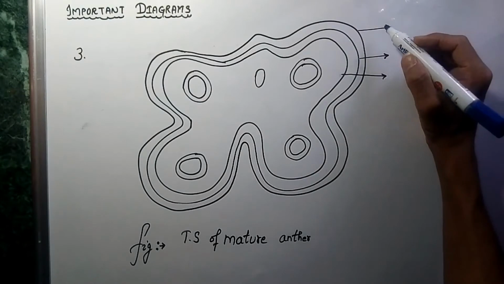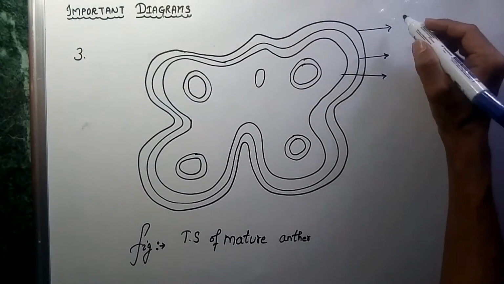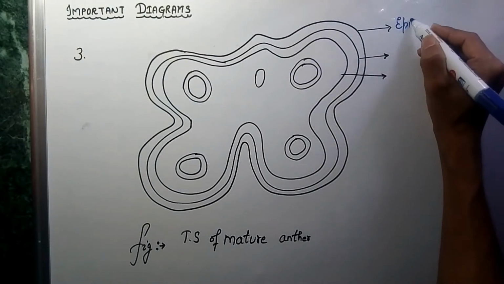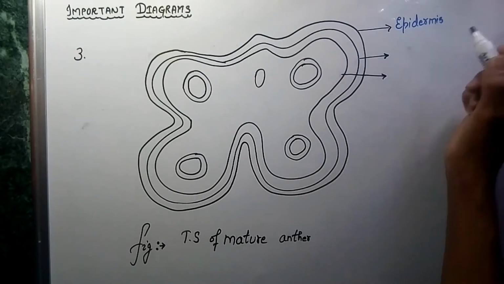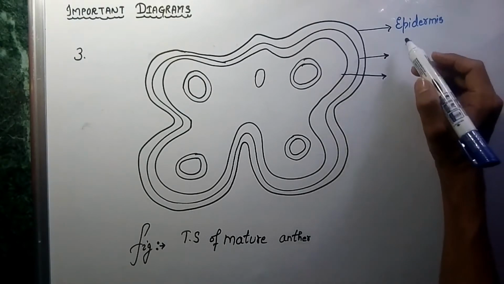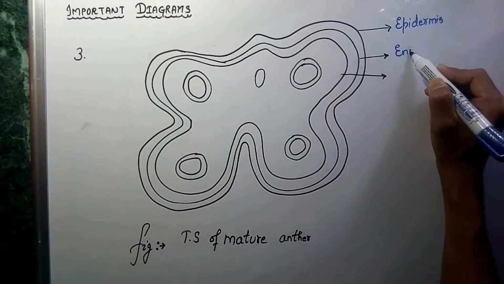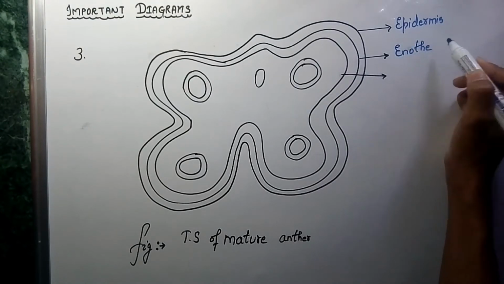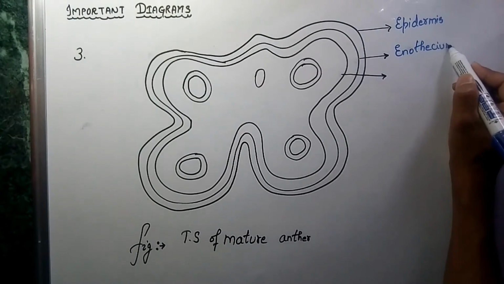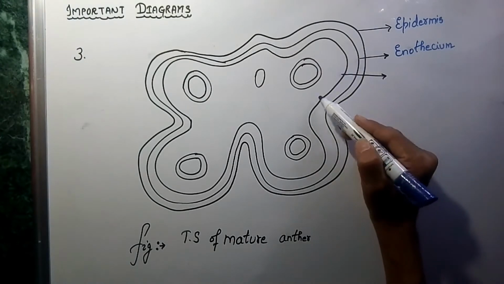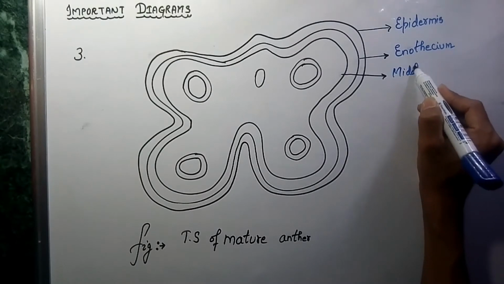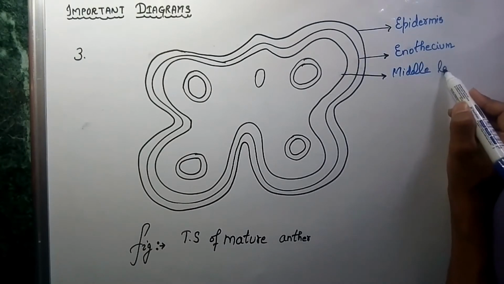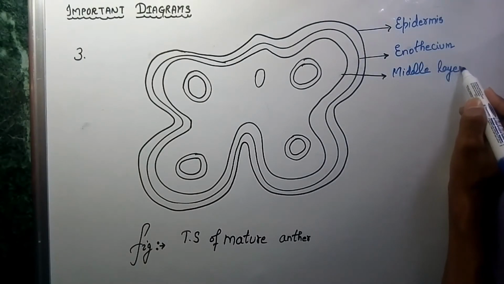The very first, the outer layer of the anther is known as epidermis. Now, inside the epidermis, we will find endothecium. Now, these regions are known as the middle layers.